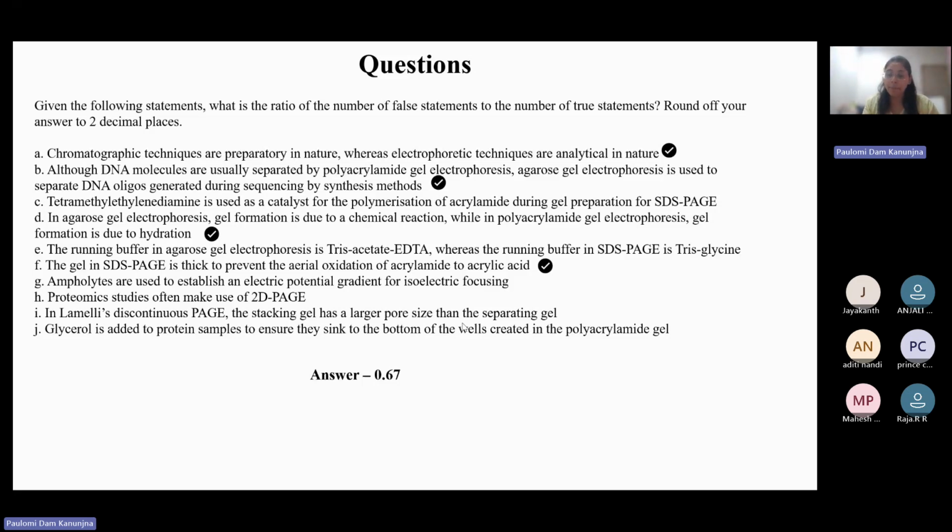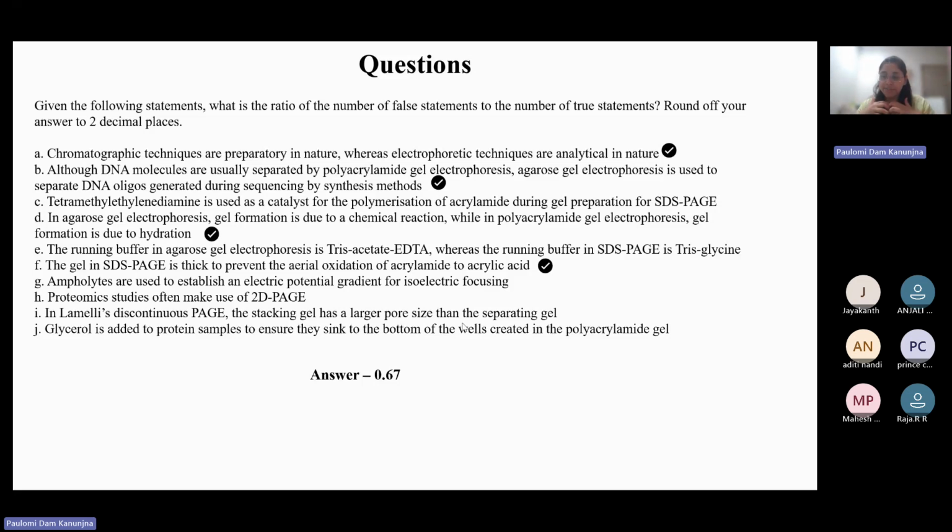That solidifying is happening because the solution is getting cooled down, and there is hydration. While in PAGE, in polyacrylamide gel electrophoresis, we have acrylamide and bisacrylamide. We are not heating, we are adding TEMED. We have APS, we have TEMED, we put all of these so that we have polymerization of bisacrylamide and acrylamide.